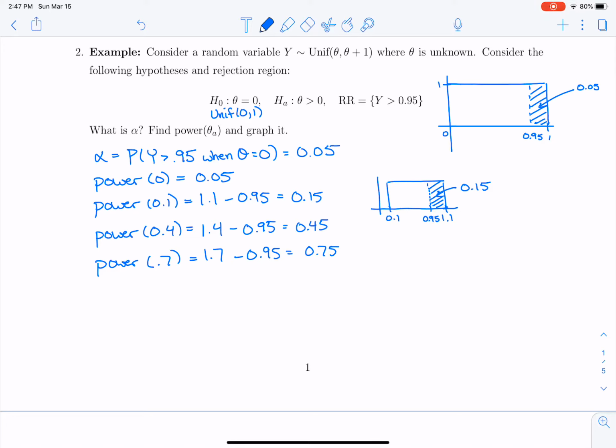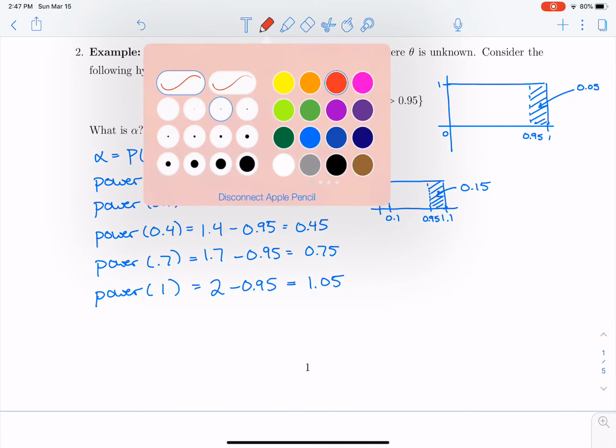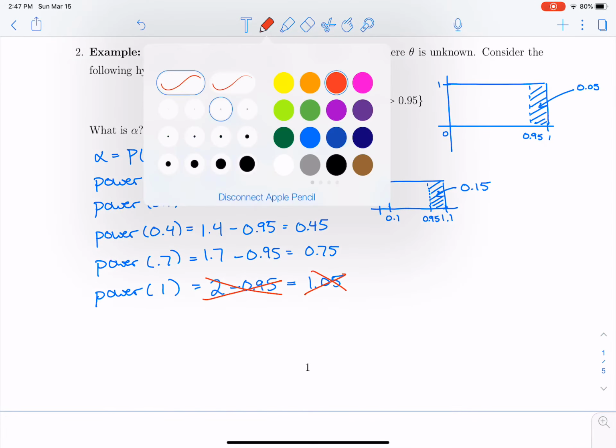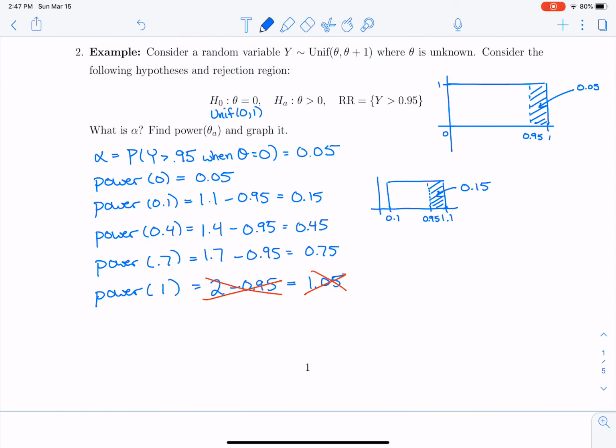What would the power of 1 be? Let's say theta turns out to be 1. What is the power going to be? Well, if we keep this going, 2 minus 0.95 would give us a probability of 1.05. Oh, but that doesn't make sense, because the power can't be any bigger than 1. So in this instance, maybe the power is just 1.